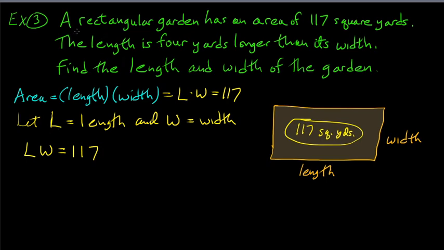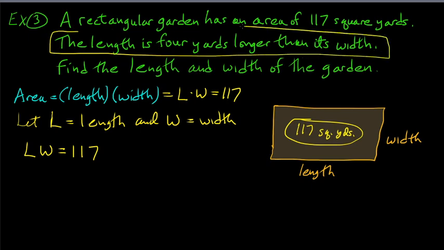Luckily, they give us another clue. If you read the next statement, it says that the length is 4 yards longer than the width. So the length is not the same as the width. It's 4 yards longer. Does this make sense?